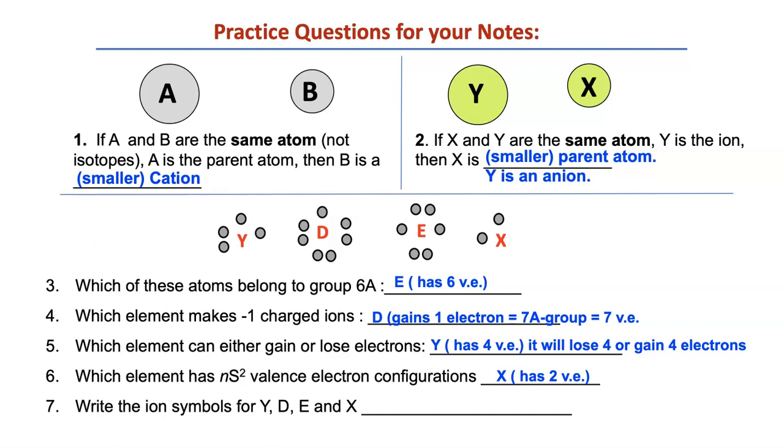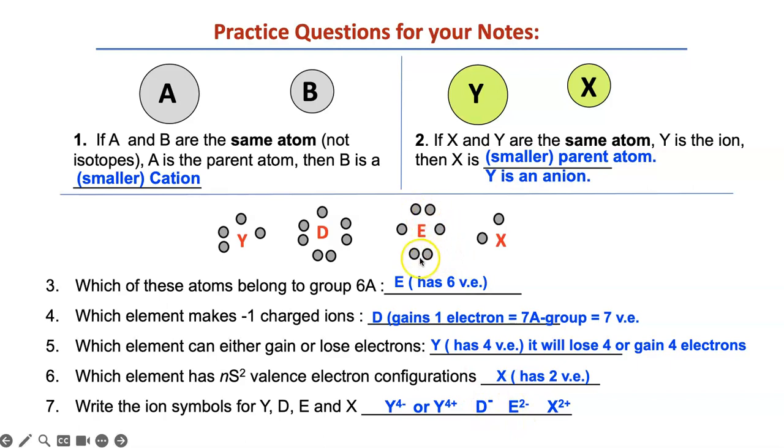Write the ion symbols for Y, D, E, and X. So Y would give 4 or gain 4. So you can write either +4 or -4 as superscript. And D will gain 1 electron and make a D minus.